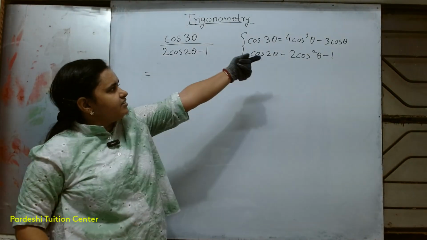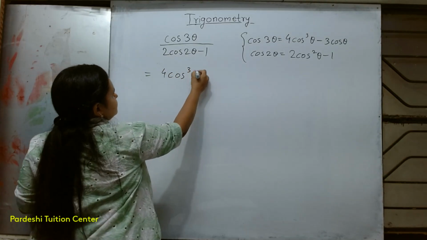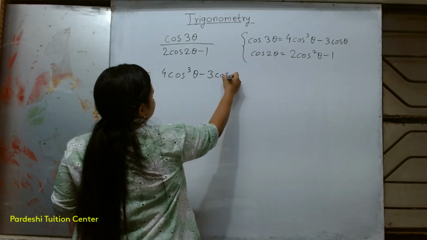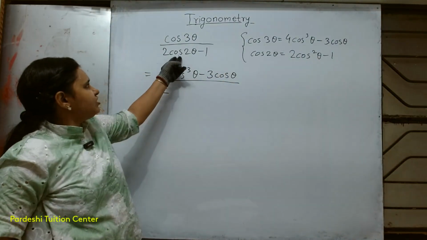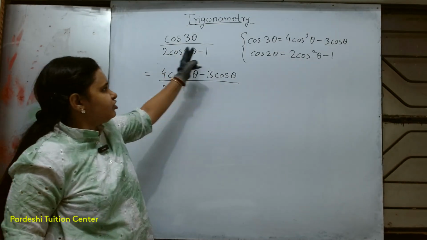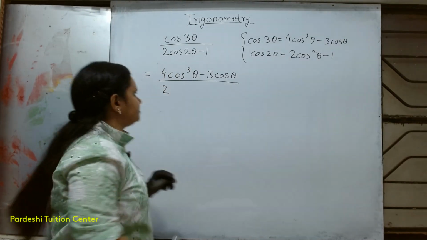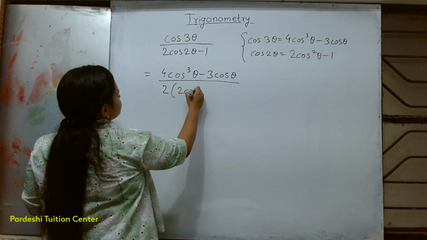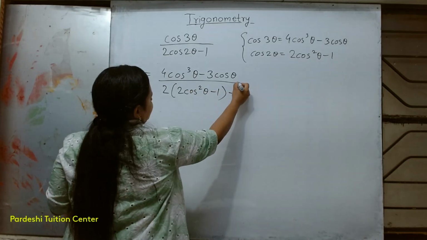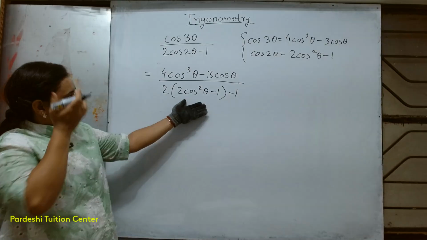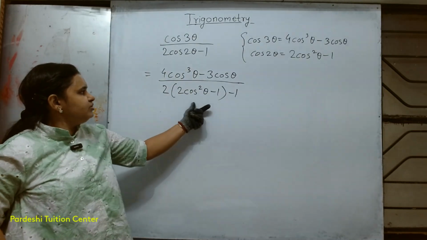Cos 3 theta is 4 cos cube theta minus 3 cos theta upon 2 times cos 2 theta. We know the value of cos 2 theta can be written as 2 cos square theta minus 1, so we write it here 2 cos square theta minus 1, and again this is minus 1. We have put in the bracket because it is in multiplication, so 2 will multiply to both the terms.